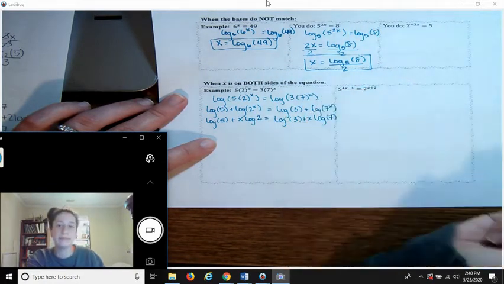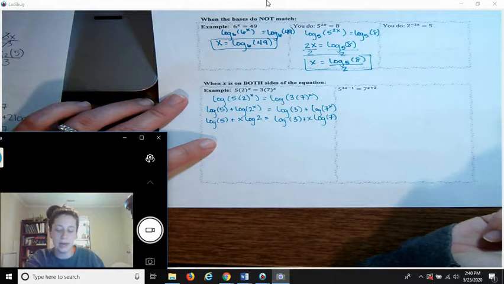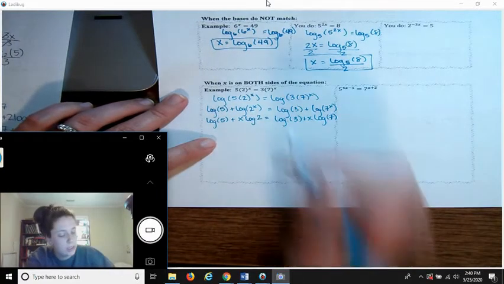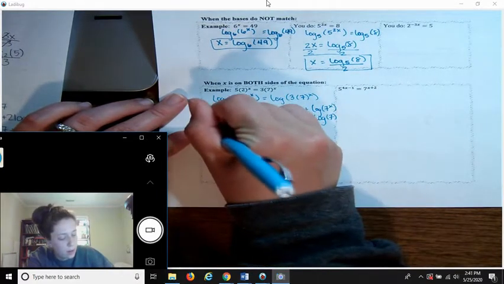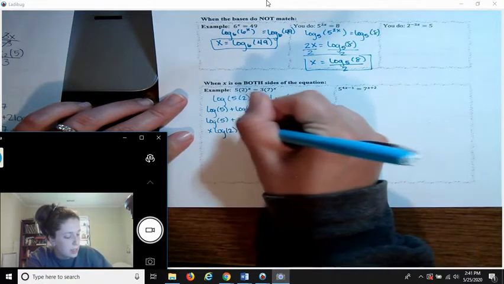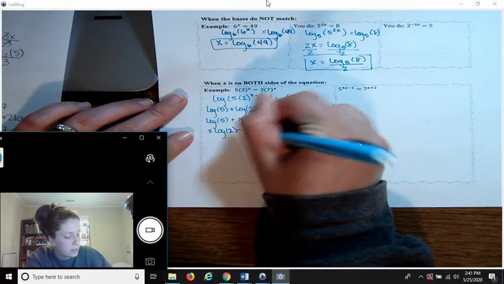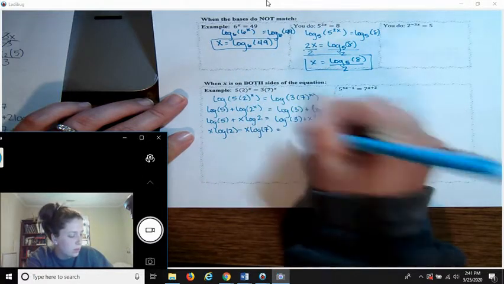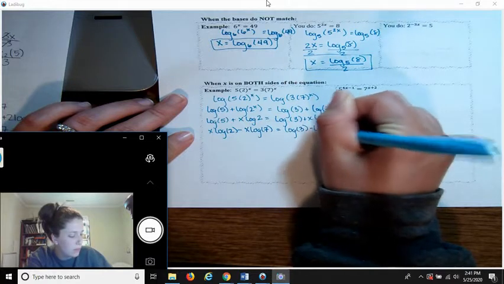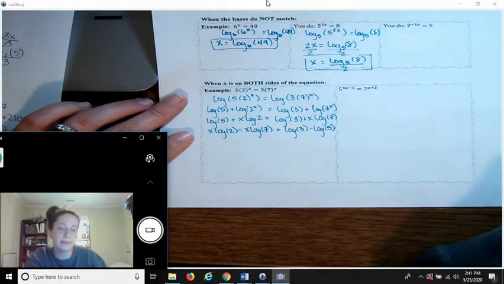Okay, so that's that. Then I can combine like terms. So I want to get the stuff with the x's on the left, the stuff with just the numbers on the right. So I'll have x log of 2 minus x log of 7 equals log of 3 minus log of 5 on the right.